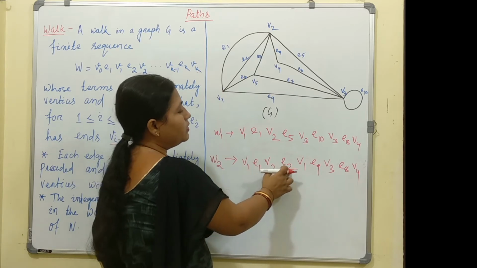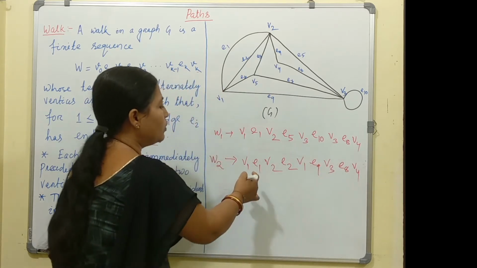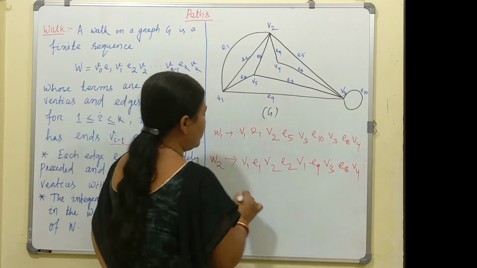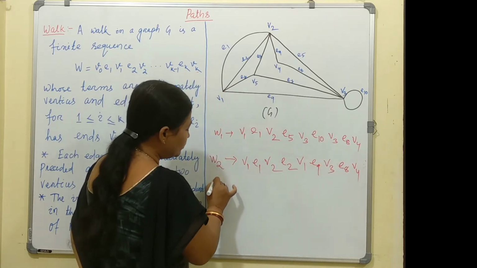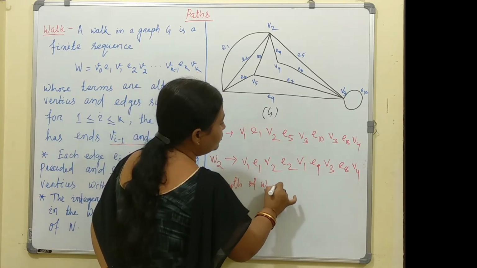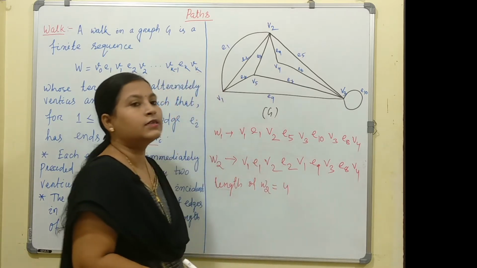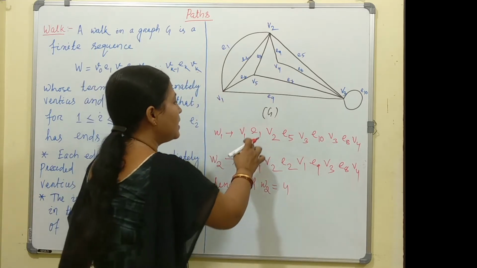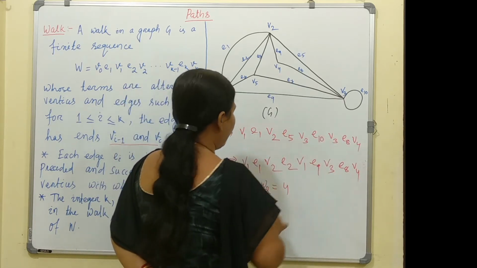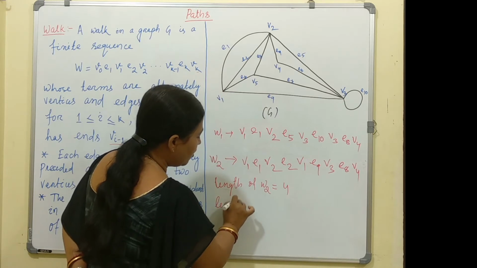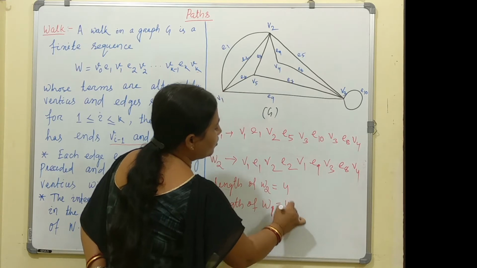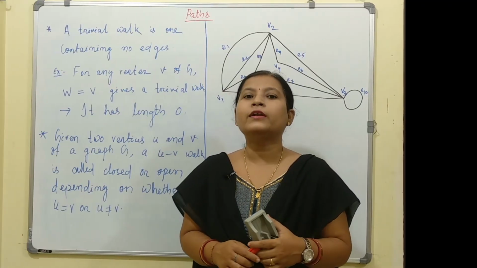The edges are E1, E2, E9, E8, so the number of edges is 4. So the length of W2 is 4 because there are 4 edges, and the length of W1 is also 4.